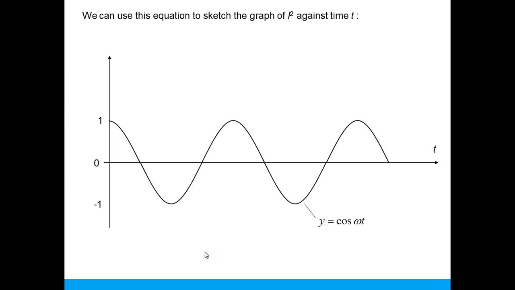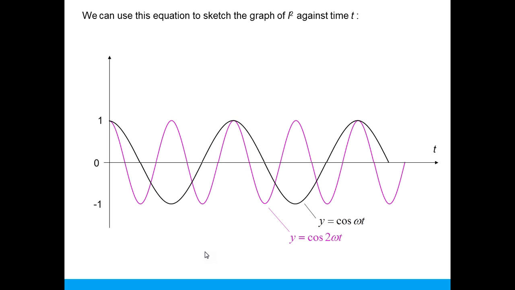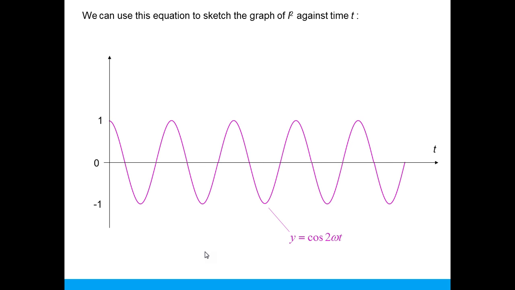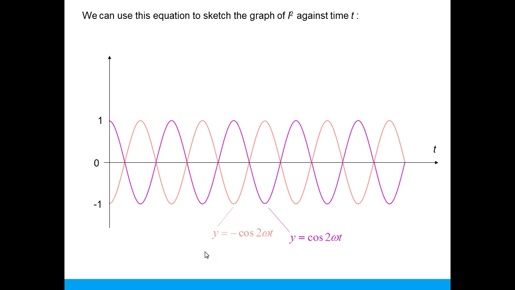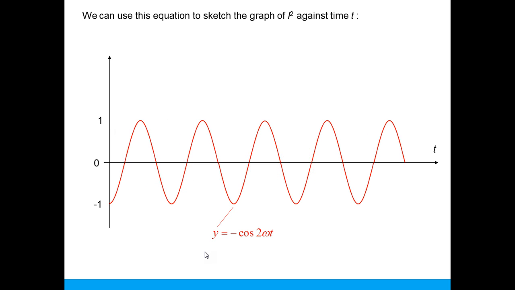So let's start with a cosine omega t curve. The cosine 2 omega t curve will be double in terms of frequency. The period will be half, and hence we can achieve the purple graph. We want a negative cosine 2 omega t curve, hence we will achieve the red curve.